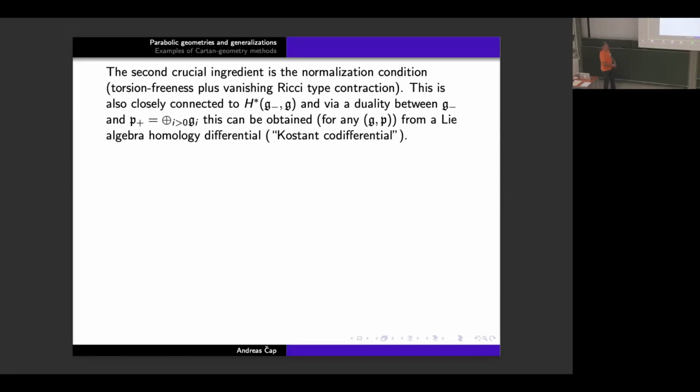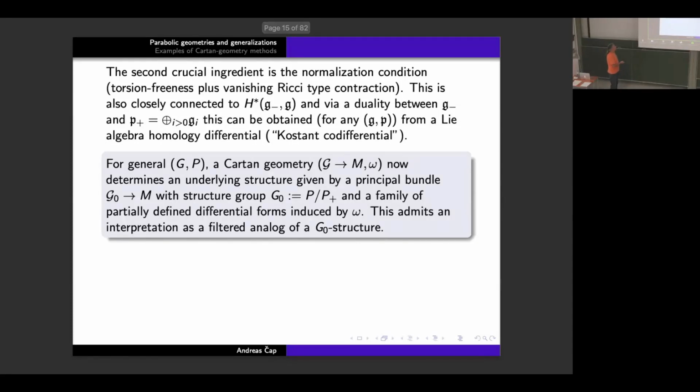And then, skipping over quite a bit of detail, you can run a general procedure to construct canonical Cartan connections for all these pairs G and P along the following lines. I should first say, okay, construct canonical Cartan connections from what?